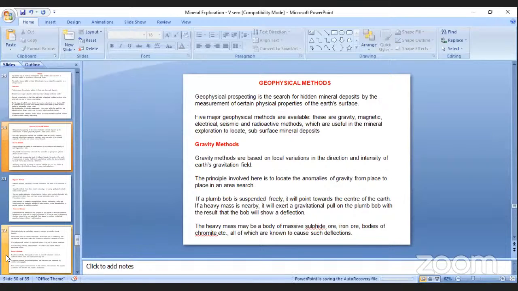And what is the main principle of this? The principle involves locating where anomalies are present based on gravity, from one place to another area in a search.